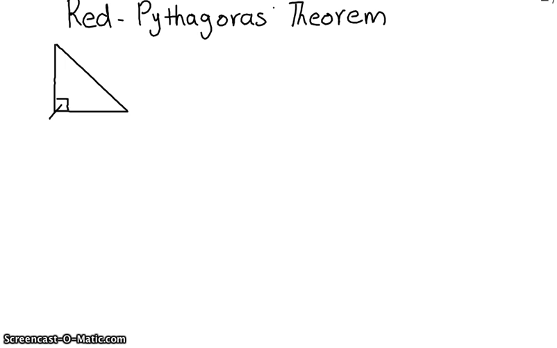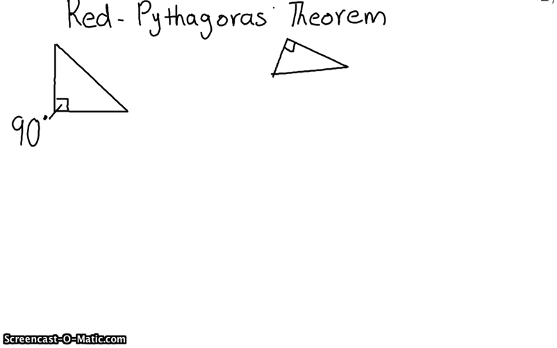It's 90 degrees, that's right. And we can do it with this triangle as well, because this too has a 90-degree angle in it. So we can do Pythagoras' theorem with any triangle that has a 90-degree angle in it.